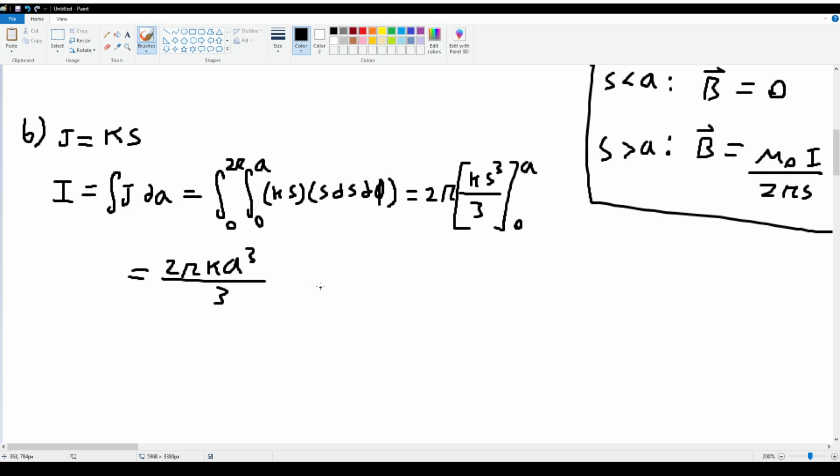And so if we want to find what the constant K is, we can move it over, and we'll get that K is equal to 3I over 2 pi A to the third.